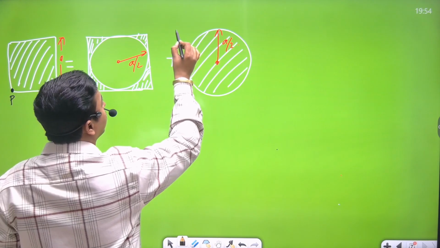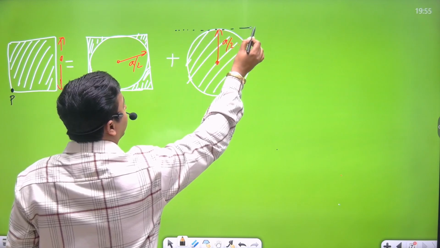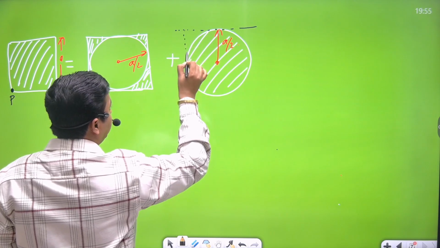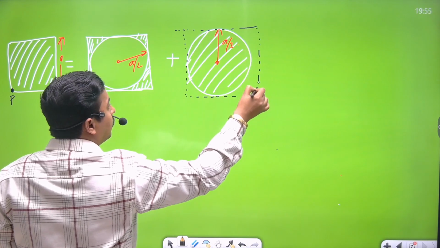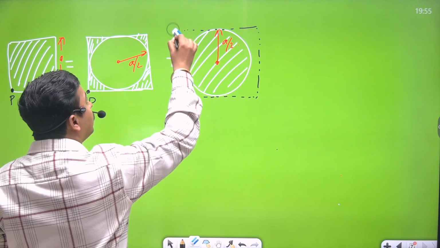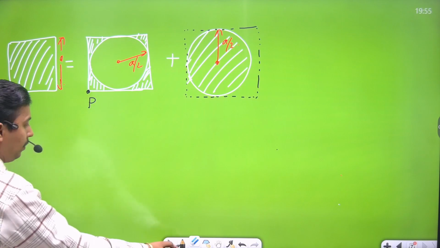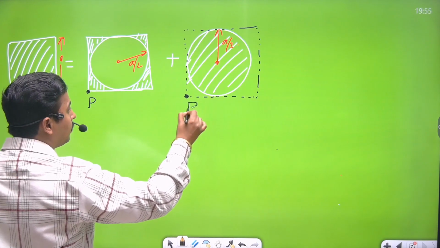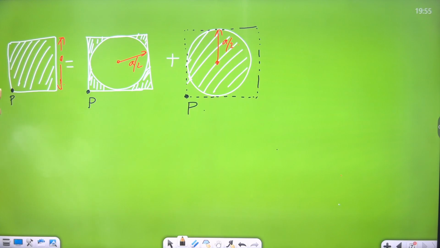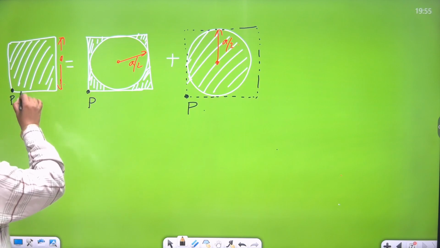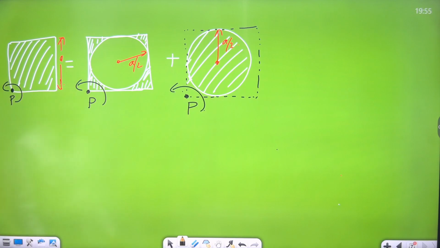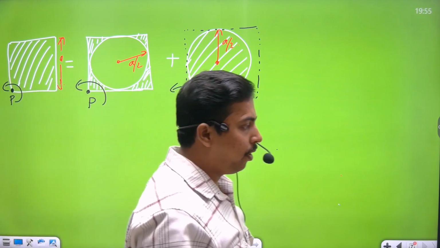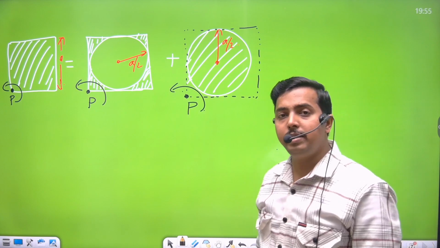So you can draw it like this. Point P is here. If you have to find the moment of inertia about point P, everything is rotating, right? The approach will be the same. There is no change in the approach.